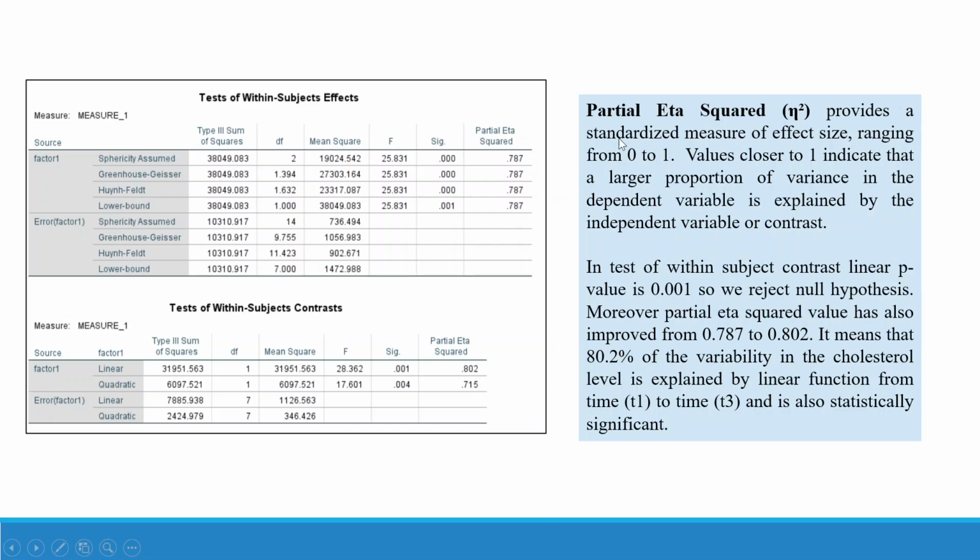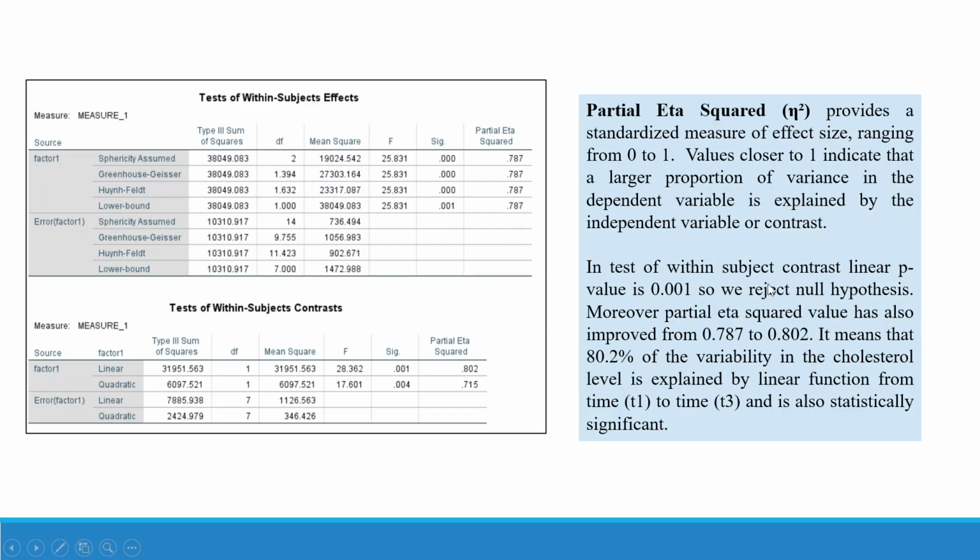Let's do the interpretation. Partial eta square is just like your R square. Partial eta square provides a standardized measure of effect size ranging from 0 to 1. Values closer to 1 indicate that a larger portion of the variance in the dependent variable is explained by the independent variable or the contrast.